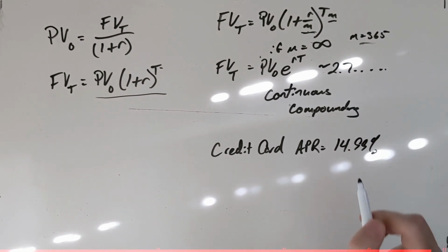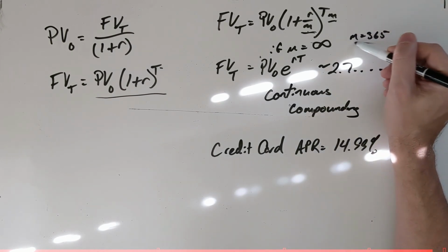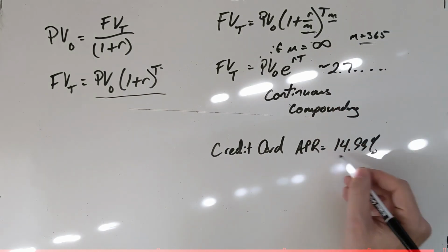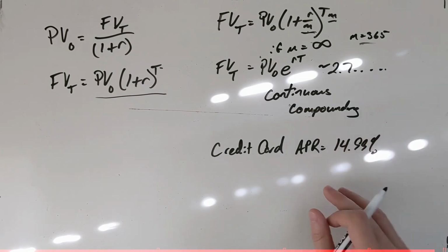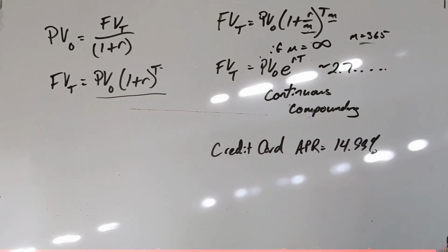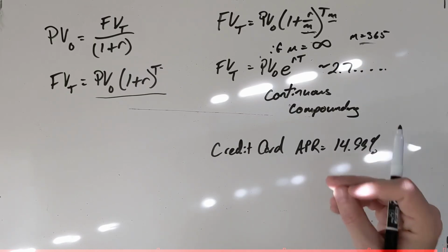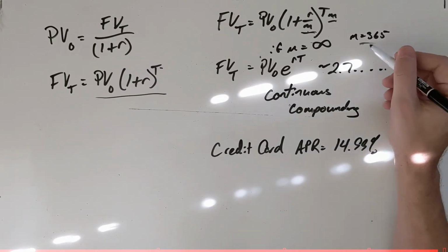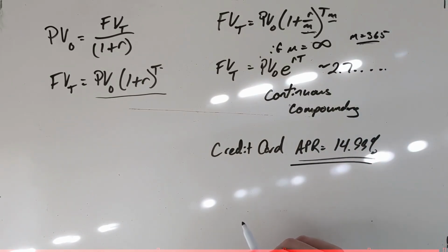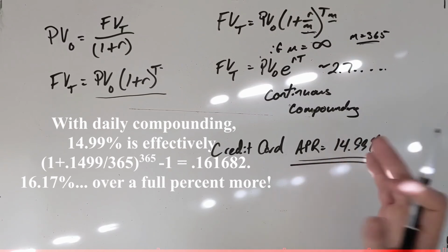Well, the actual impact of that 14.99% increases as M increases. So if they have M equal to 1, then this is the actual interest that you would pay after a year. If you borrow $100, you'd owe about $15 in interest at the end of that year if M equals 1. But the bigger M gets, the more money you will actually owe them. So if they're using daily compounding, that's a way to tell you your APR is 14.99%, but actually get more money if you leave a balance and owe them interest.